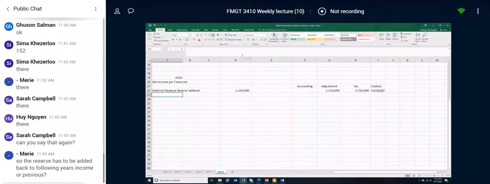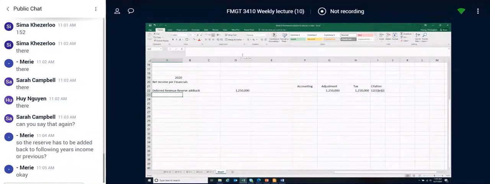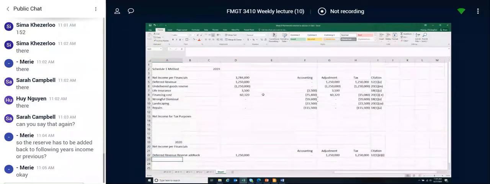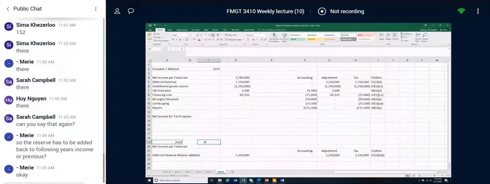So you add the reserve back, then you determine what is the reserve you can deduct in the current year. Okay, so it's exactly the same. So you have to add it back, and that's under 12(1)(e)(i) for 2020. I'll put it in the same column so we're seeing.